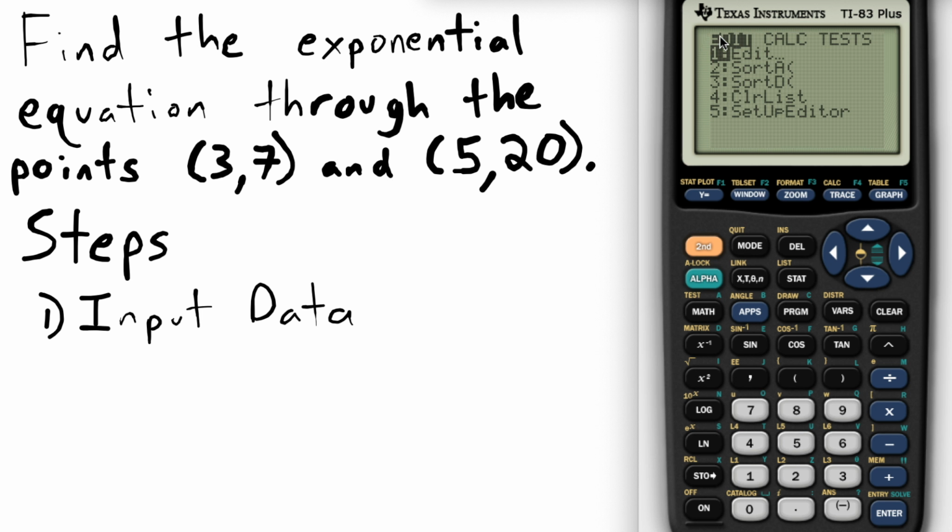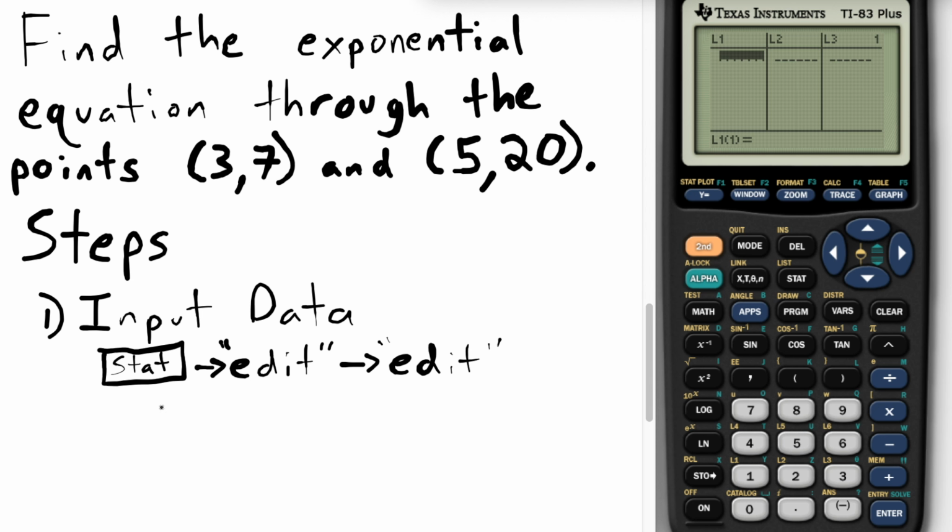There's a highlighted bar that you can change by pressing the arrows back and forth, but we want it on EDIT, and the first option, which is Edit. So we are doing Edit, Edit. You're given a spreadsheet where you have, hopefully, L1, L2, and L3.